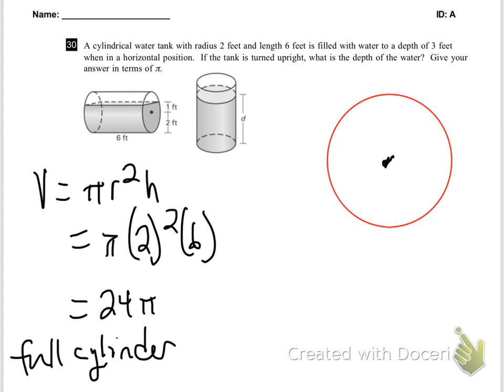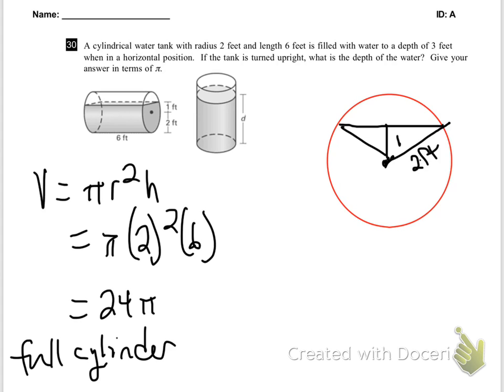Here's the center, and here is the water line. This distance is 1 foot. We know that the radius is 2 feet. All right?